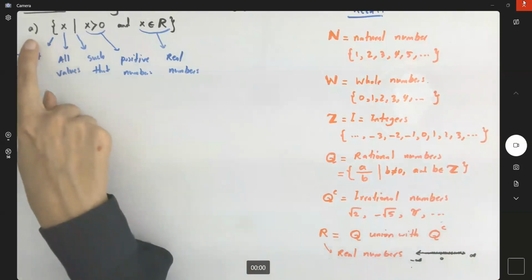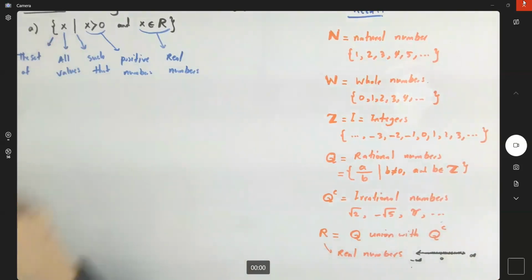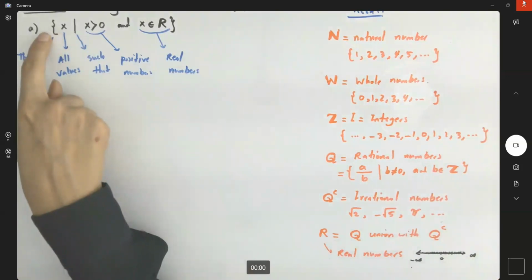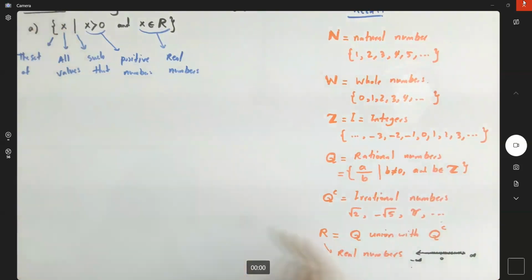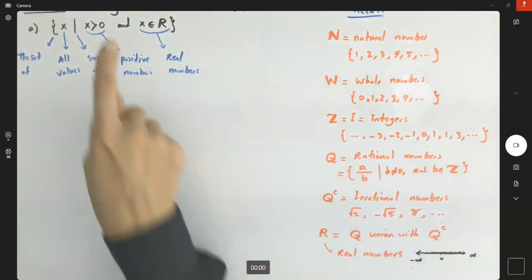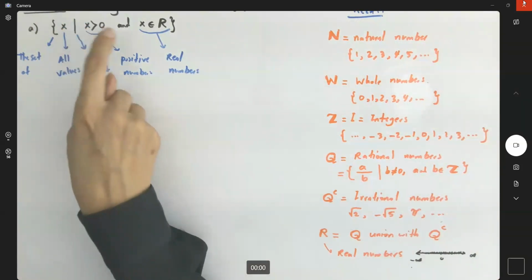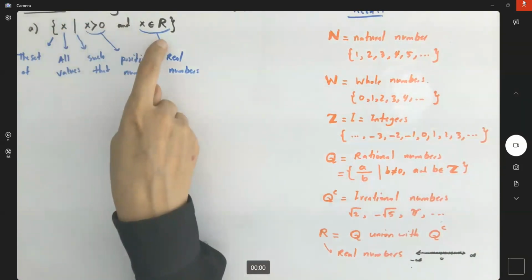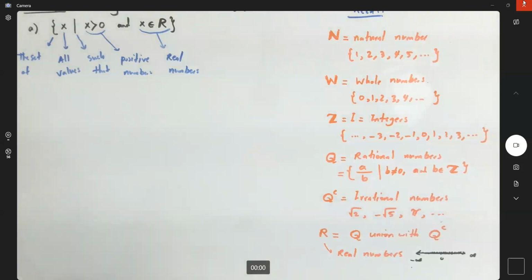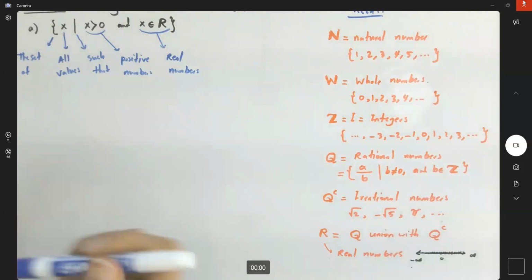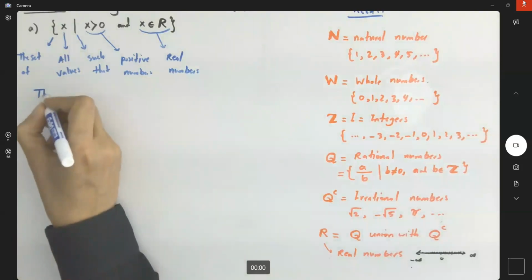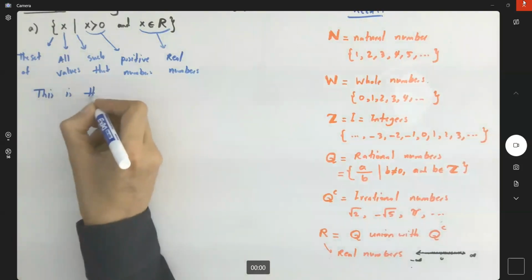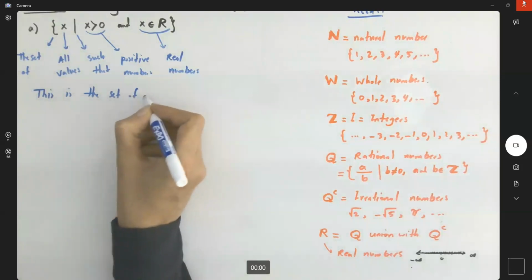In this example, it says, hey, you have a set. That set includes all numbers. What numbers? All numbers that are positive and at the same time, they are real values. This is the set.